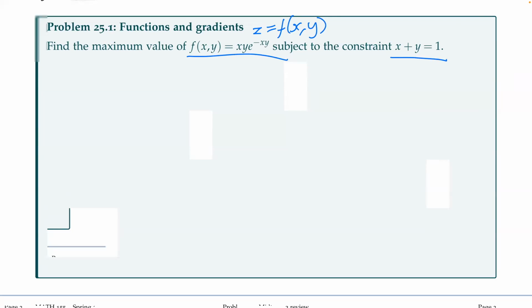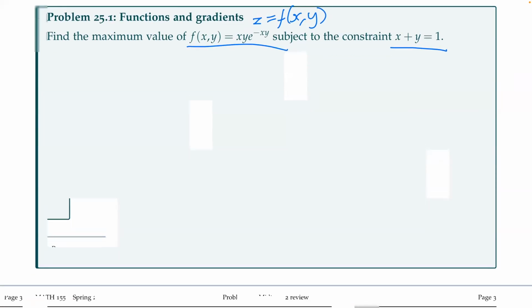Okay, so the first step to solving this problem is we need to find our partials of f, and we can do that using the product rule. I'll help you out with the partials here. So our partial of f with respect to x, here we need to use the product rule. Remember, when we take our partial derivatives, we treat the thing that we're not taking a derivative with respect to as just a constant.